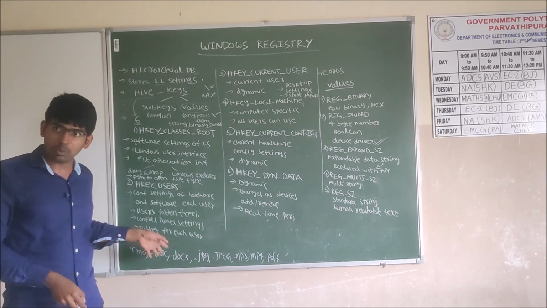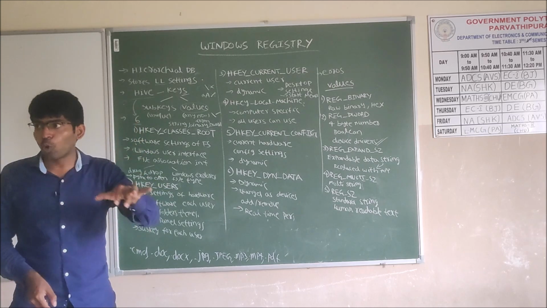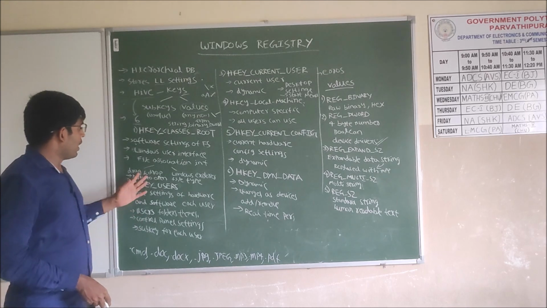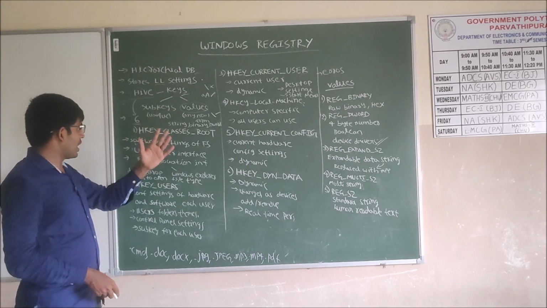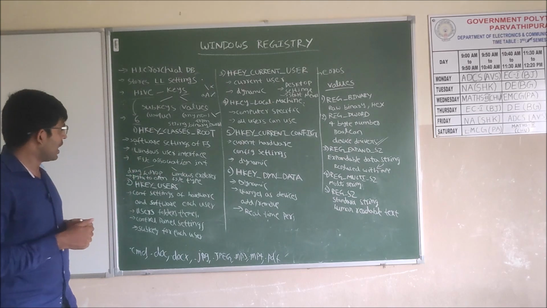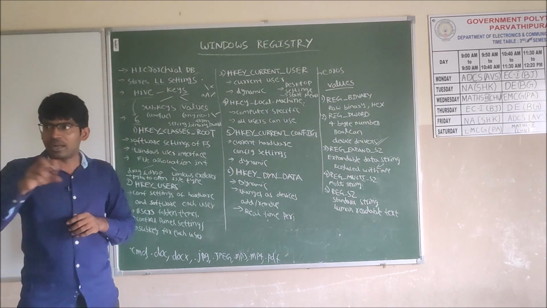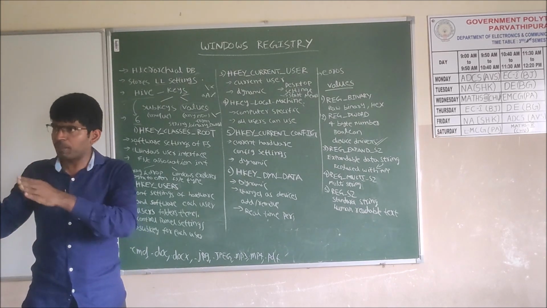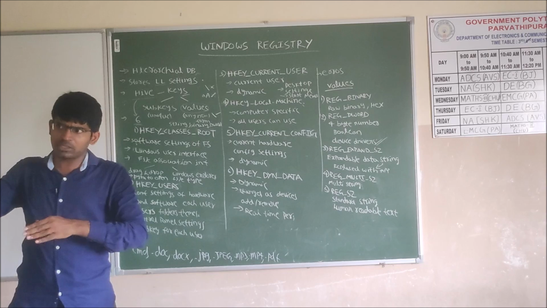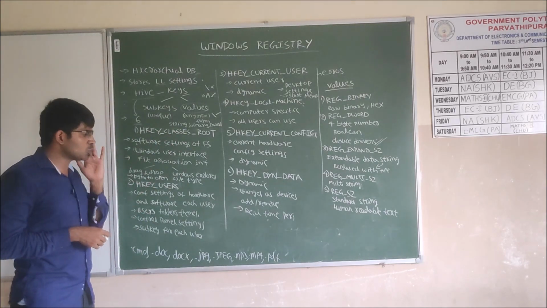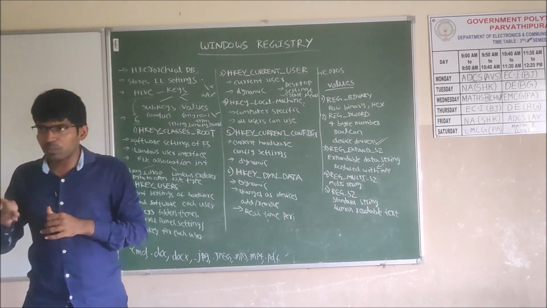Then only will these programs be able to open that particular type of extension files. Generally, we will use this hive to store information related to the Windows user interface and drag and drop. Whenever we drag and drop some folder, the information related to that operation will also be stored in a particular key. And we have HKEY_USERS. Different types of users we may have in the computer.